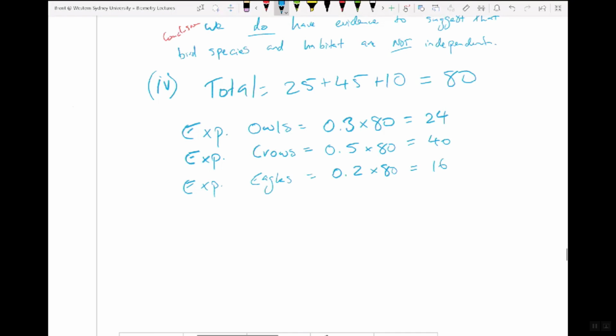So this is a goodness of fit test because it's a single qualitative variable, location, the habitat, split into 3 categories. I'm just going to rewrite those values over here because when I do a chi-squared goodness of fit test, I find it's very helpful to put the observed and expected numbers right next to each other as you calculate your test statistic. That's going to help us a lot.